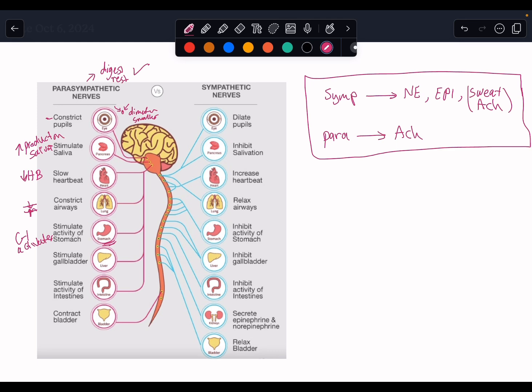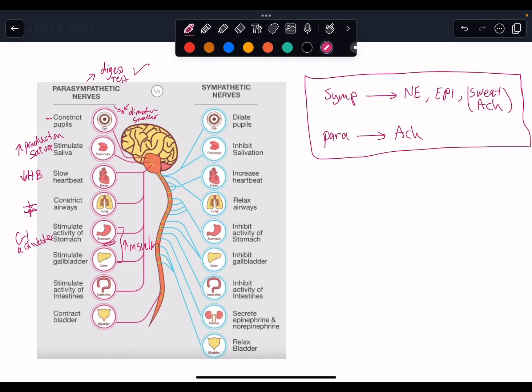For the liver, stimulate gallbladder. These two will work together to increase insulin production. Why?